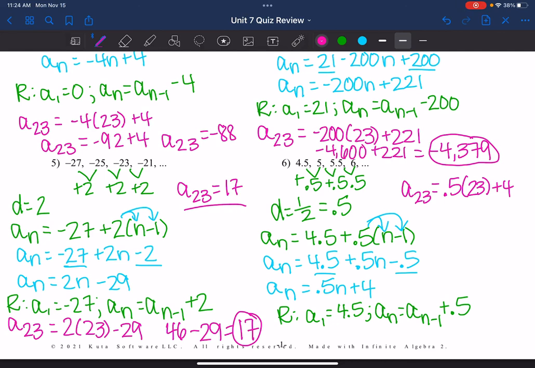When I multiply 0.5 times 23, I'm going to get 11.5 plus 4. So a sub 23 is going to give me 15.5. And that is it for the front page. We'll check you later on the next page.